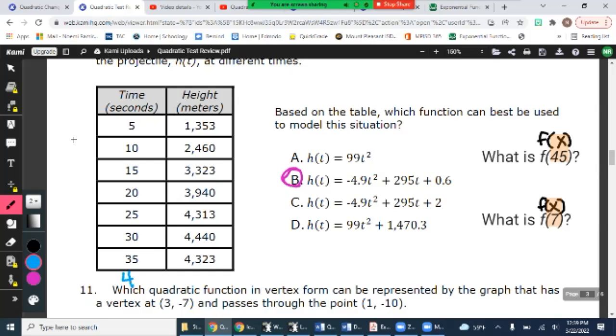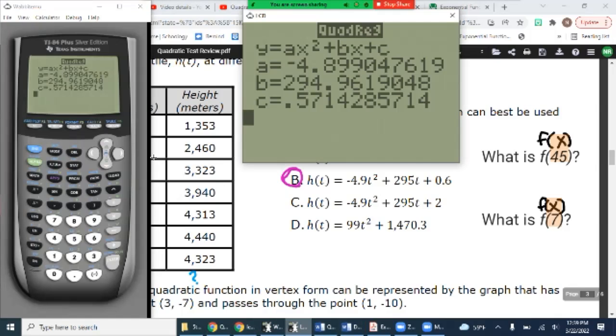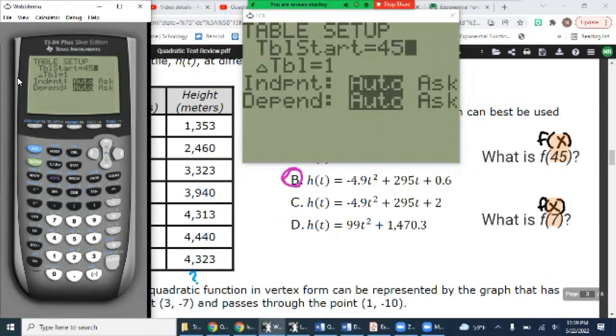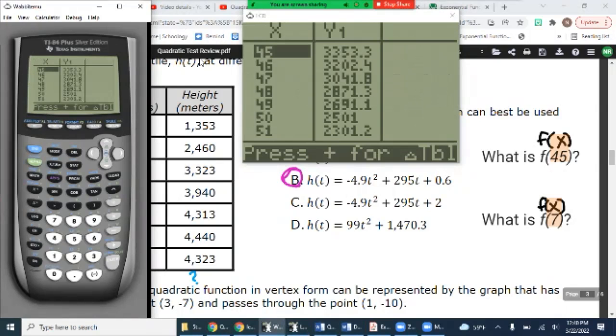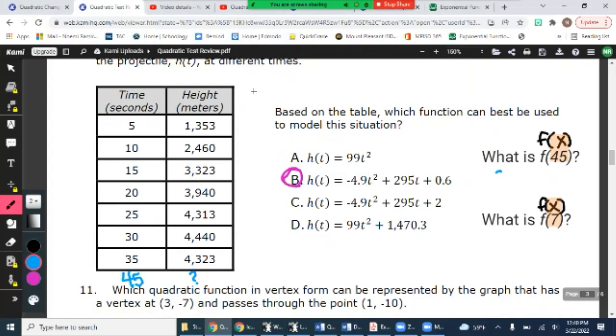The 45 represents an X value, so we have to look for the Y value. What trick can I use to take me directly to that 45? Second window, type in a 45, something that we already learned how to do yesterday, and there's your answer. It's just asked in a different manner.